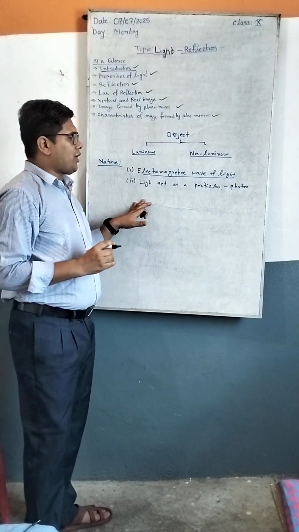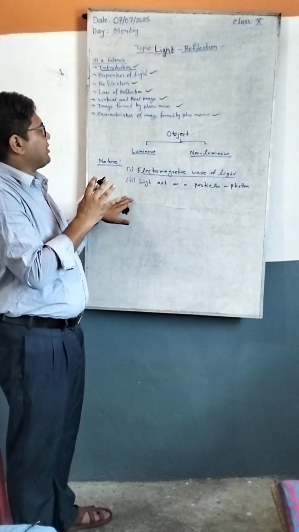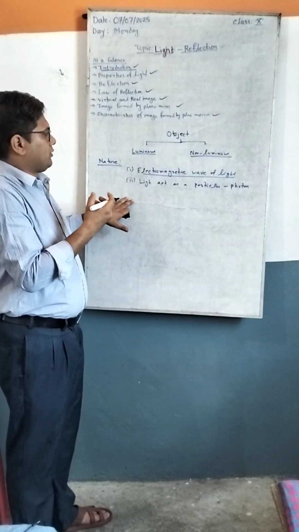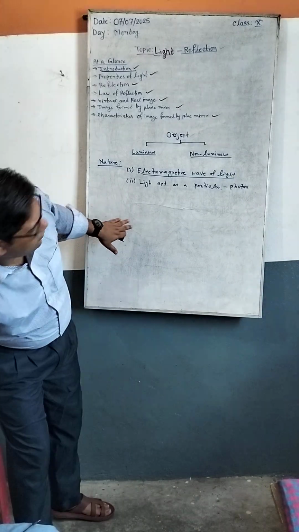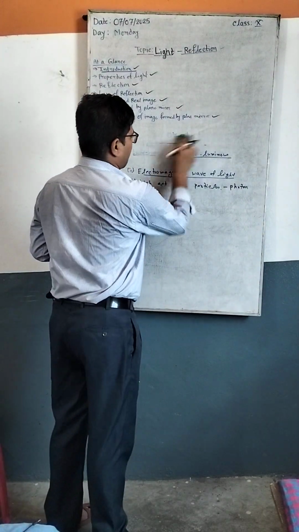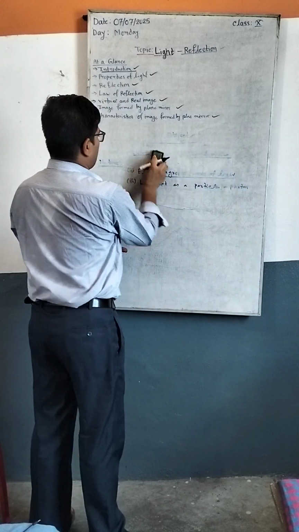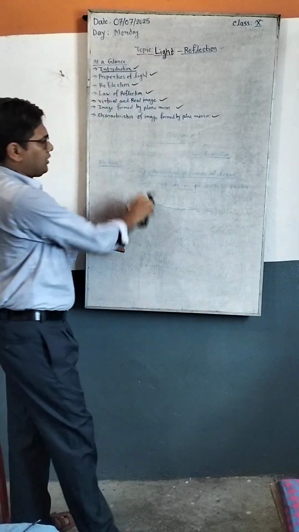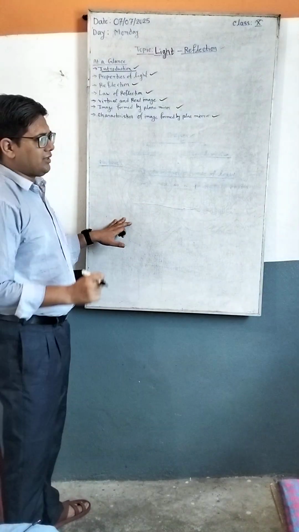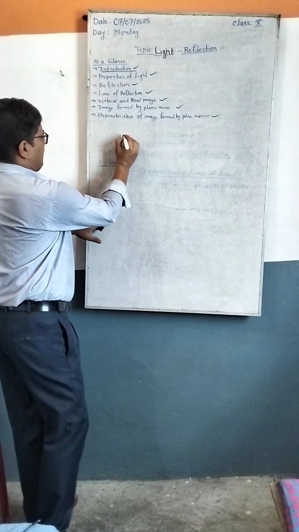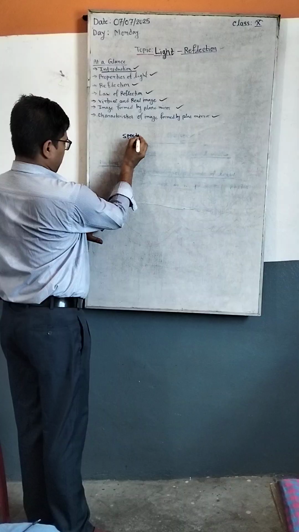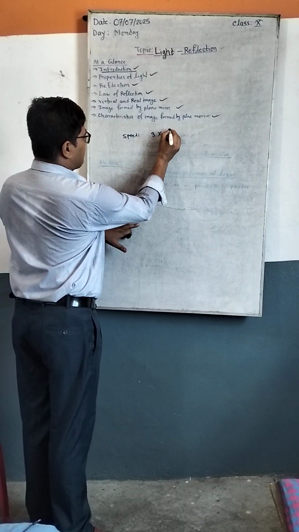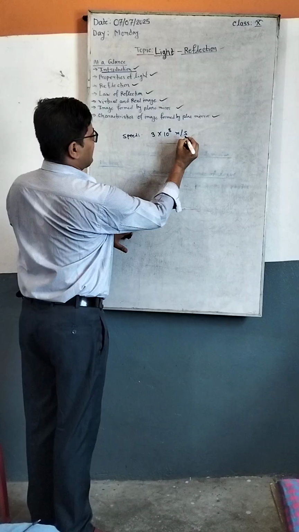So now we describe the properties of light. If you see the light properties, when light travels in a vacuum, its speed is 3 into 10 to the power 8 meters per second.